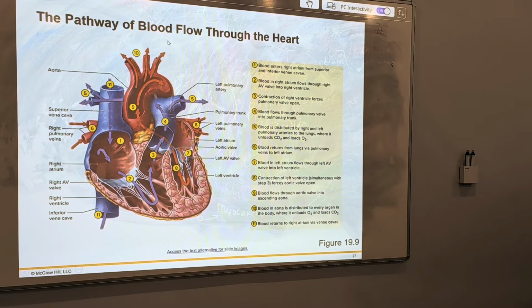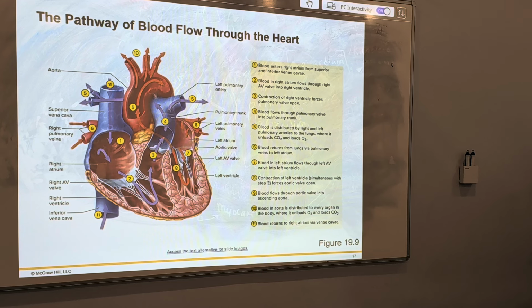Now, the pathway of blood flow throughout the heart. The blood enters the right atrium from the superior and inferior vena cava. You need to know this sequence. Please make sure you highlight this slide. This slide is very, very important.